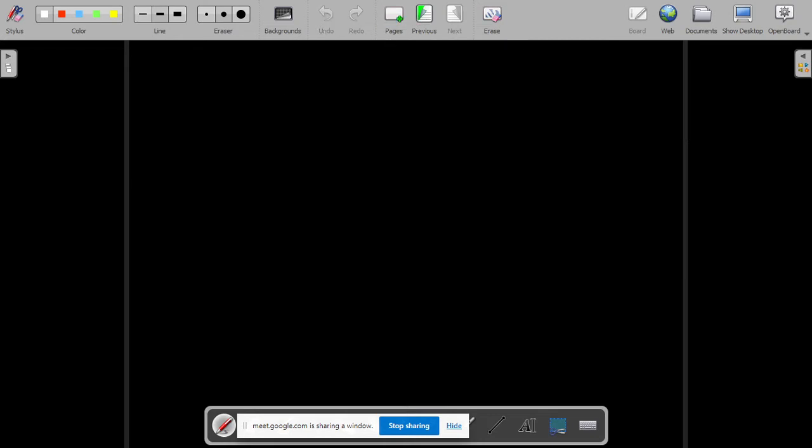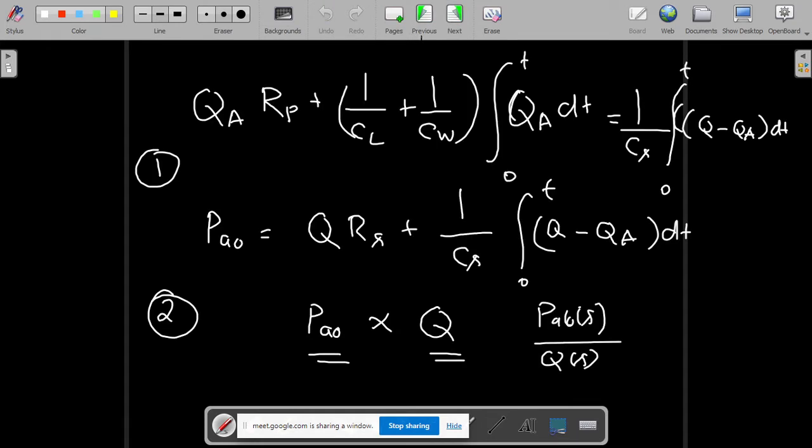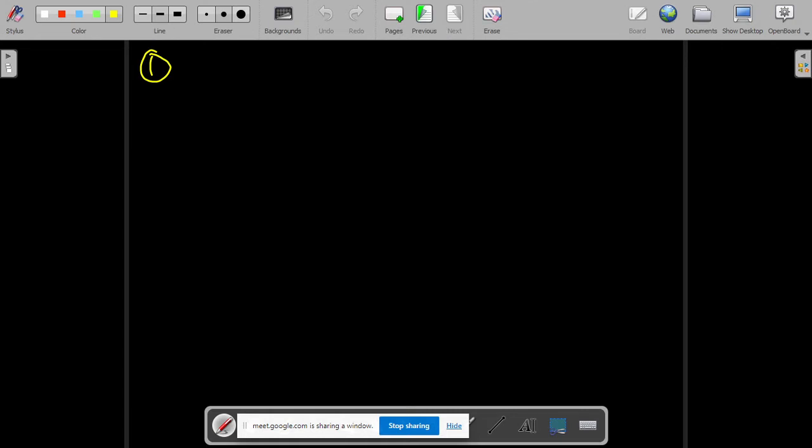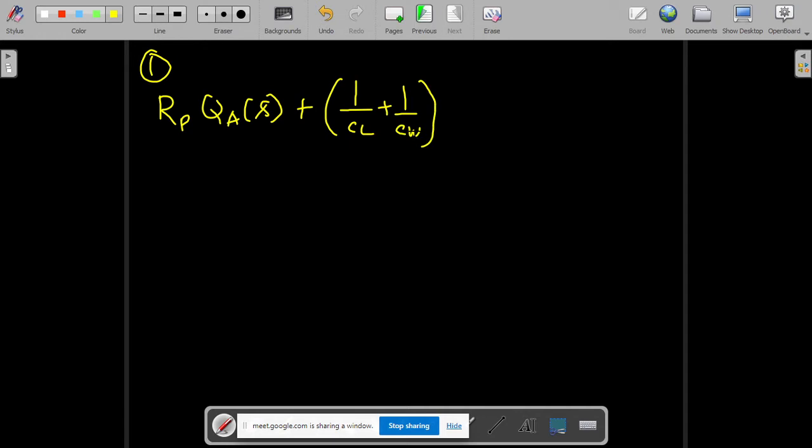I'll just take up a new page. So I'll just take the first equation. So the first equation, QA into RP. Okay, so RP QA of S plus this 1 by CL plus 1 by CW.